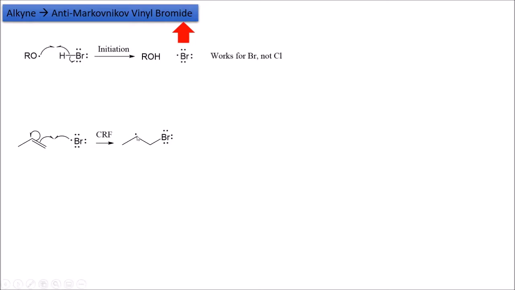And then in our final step, the propagation step, that radical carbon will now pluck apart a molecule of hydrobromic acid to produce the final organic product and reproduce the bromine radical that started the whole system. That's why it's called propagation. You end up making your product, but you also reproduce the original radical that started the chemistry.